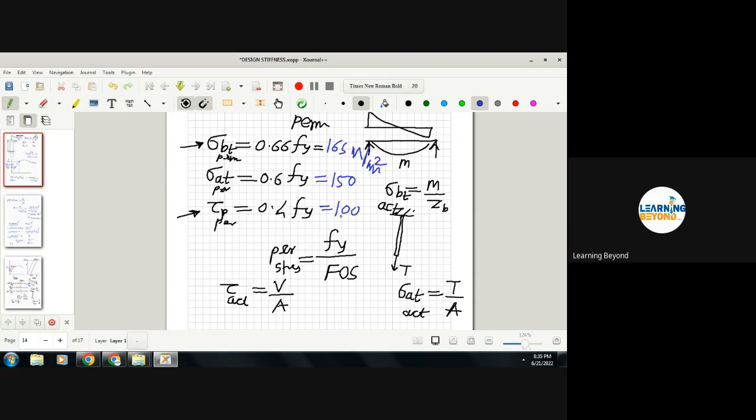So we have understood permissible stresses, the stress strain graph, and how to design simple members by approximate and simple methods, or thumb rules, we can say.